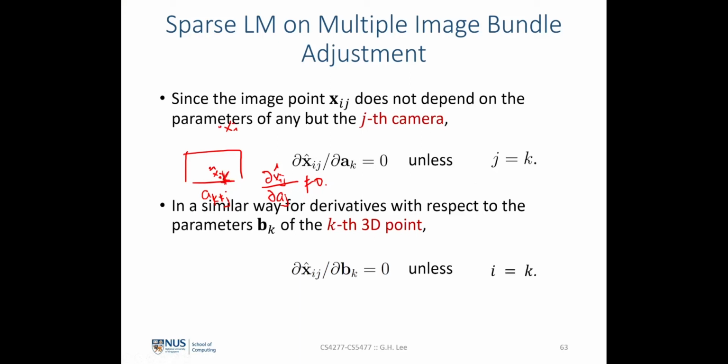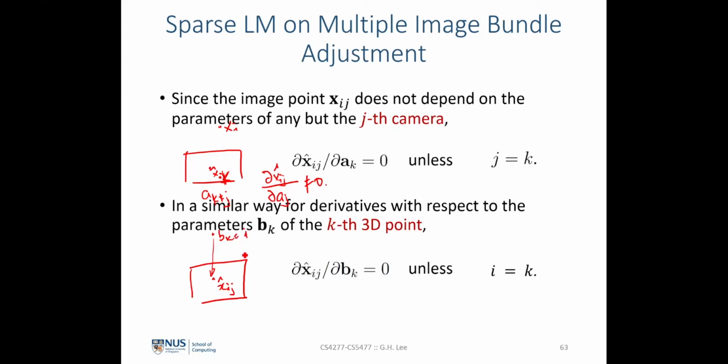In a similar way, we can see that the partial differentiation of the reprojection will not be equal to 0 if we partially differentiate with respect to the 3D point that is reprojected onto that particular image. Suppose that I have an image in which I see the reprojection of x hat ij. I know that a 3D point whose parameter is bk over here would be reprojected onto this particular image if k is equal to i.